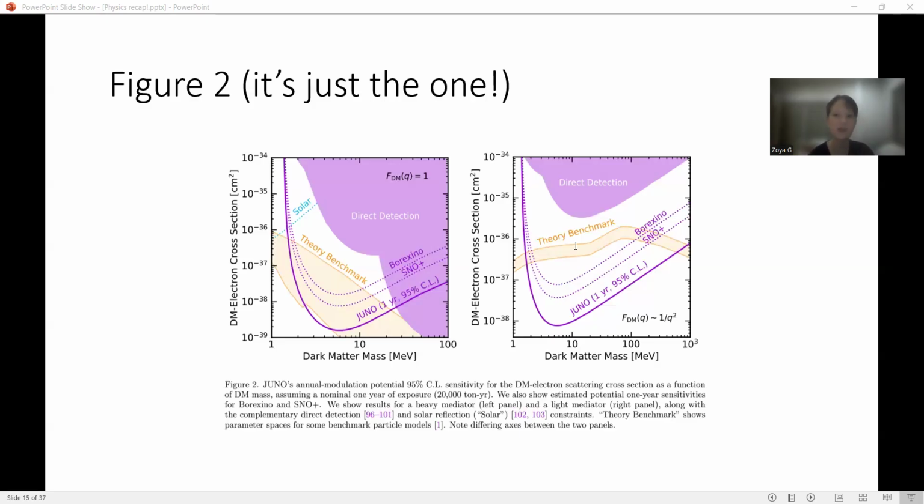The amplitude is basically the overlap between the incoming dark matter particle and outgoing photon waves, though this is vastly oversimplified and just my own understanding. On the right, we have a dependence of the inverse of the square, meaning if the momentum is very large, we probably won't be able to see very much.